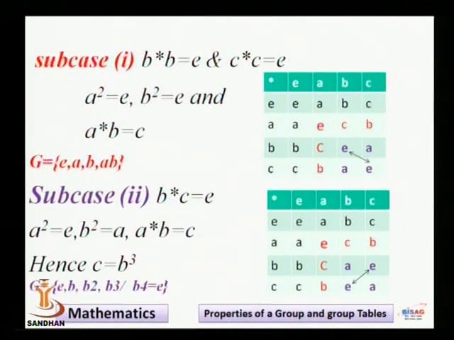If C is equal to A star B, the elements of G will be identity, element A, element B, and element C, where the value of element C is AB.